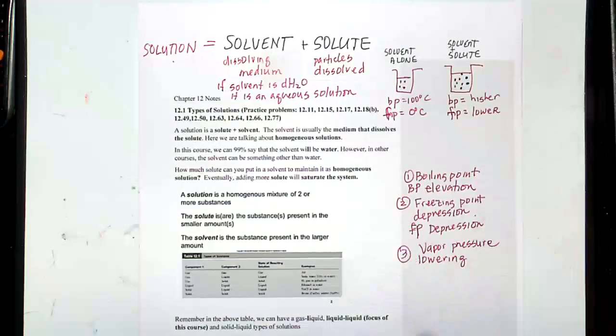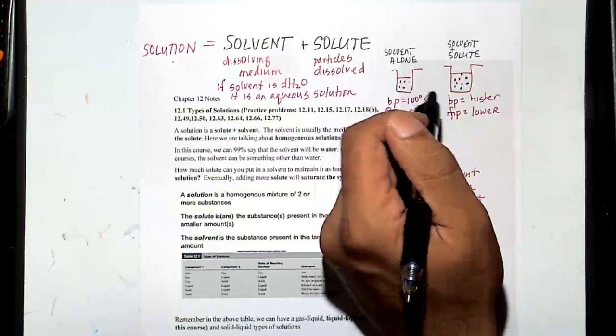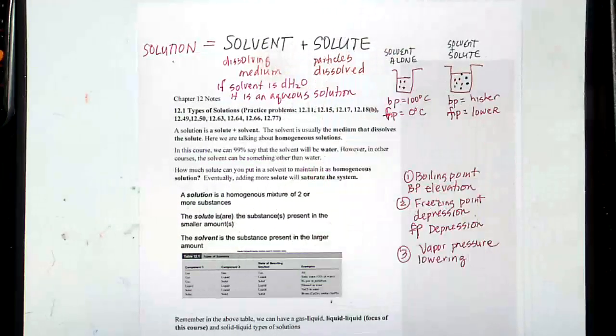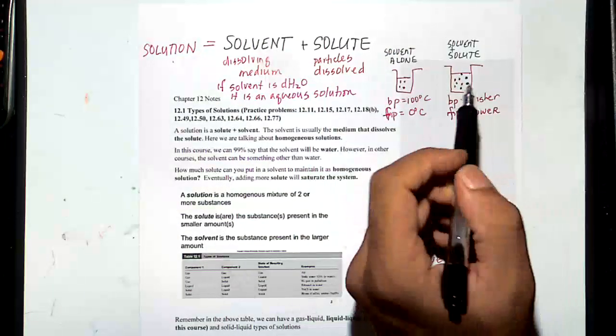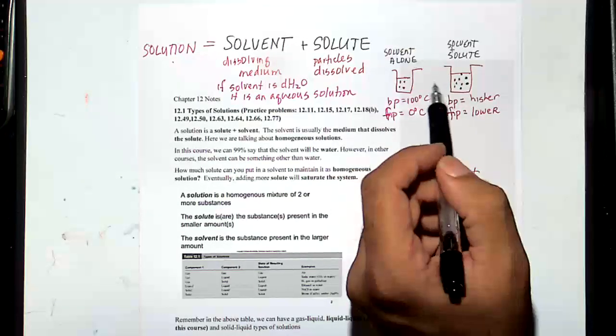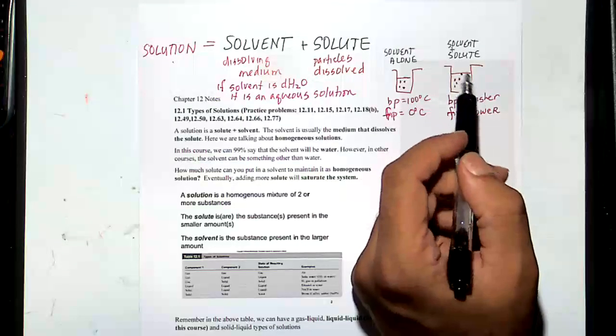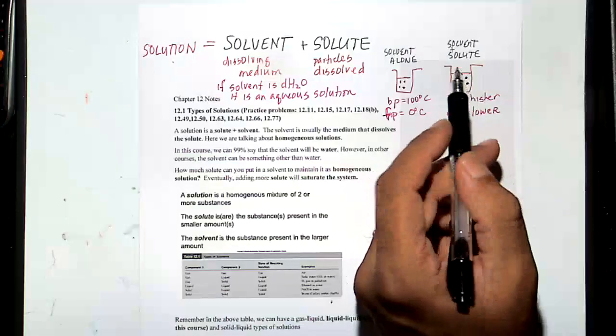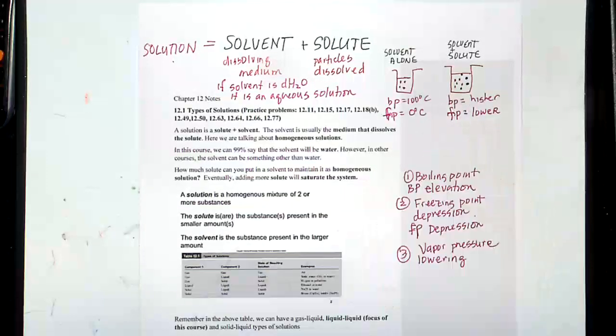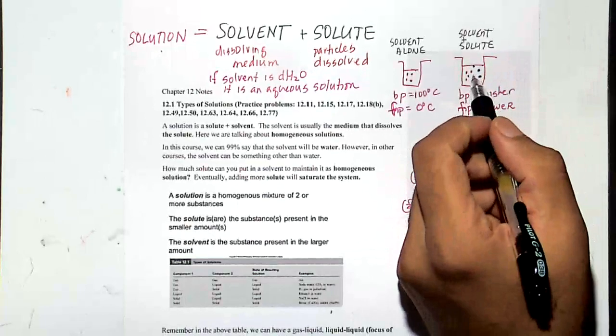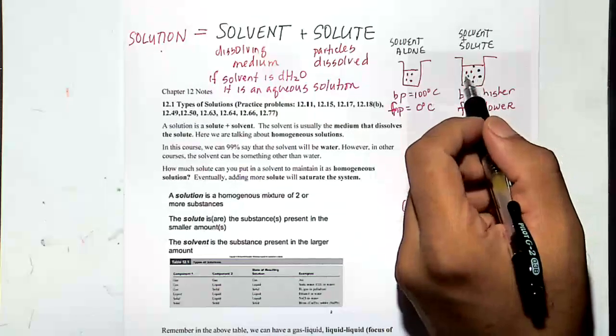Why does the vapor pressure lower when you add a little bit of solute to the solvent? Anybody have any ideas? What do you need to get it to a vapor? You need it to boil. Is it harder to boil two things, or is it harder to boil one thing? This has more IMF than this, because now you have to overcome water-water hydrogen bonds, sugar-sugar bonds and IMF, and sugar-water IMF.